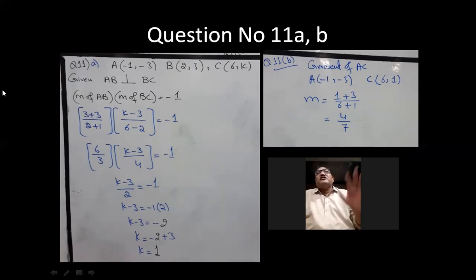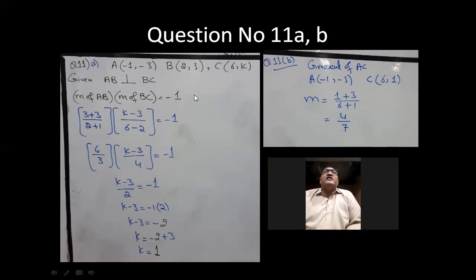So we have the 3 points, their coordinates are given. It is also given that the AB line is perpendicular to the BC line. And you know, if two lines are perpendicular to each other, the product of their gradients will be equal to -1. So the gradient of AB multiplied by the gradient of BC will be equal to -1. So let's apply the gradient formula on AB.